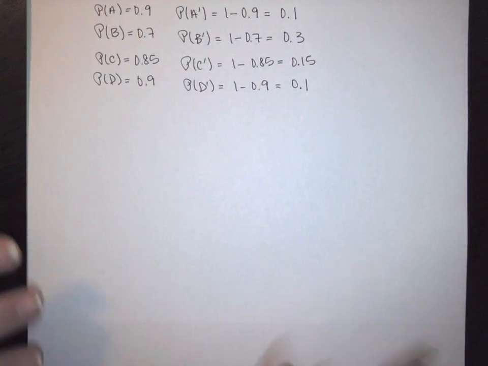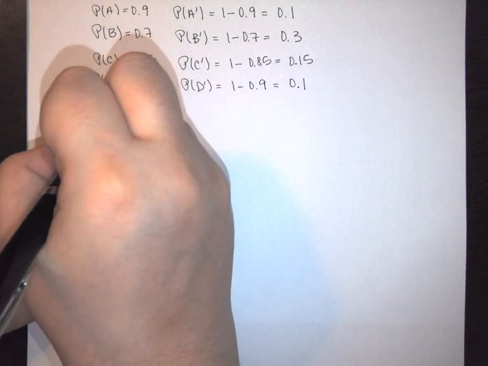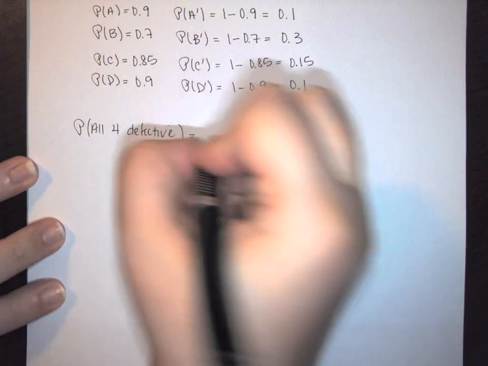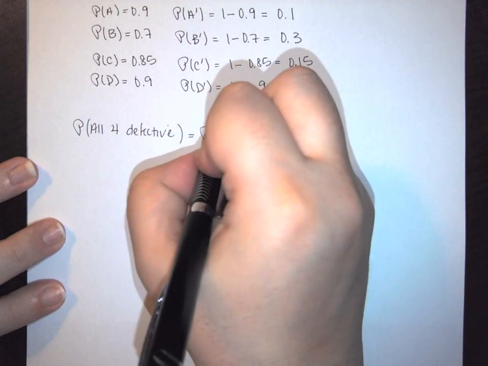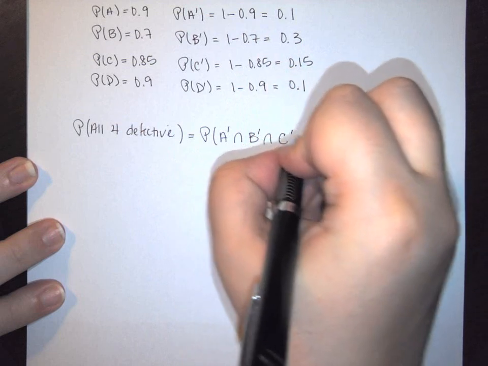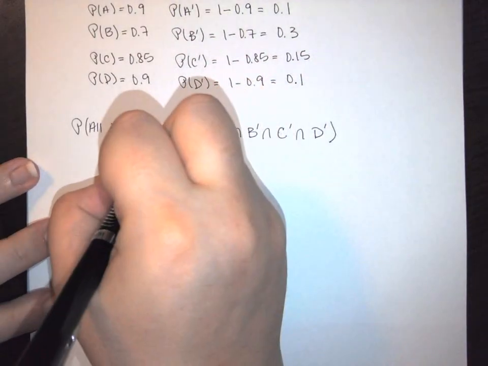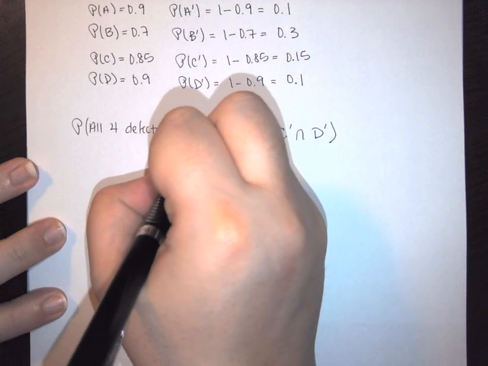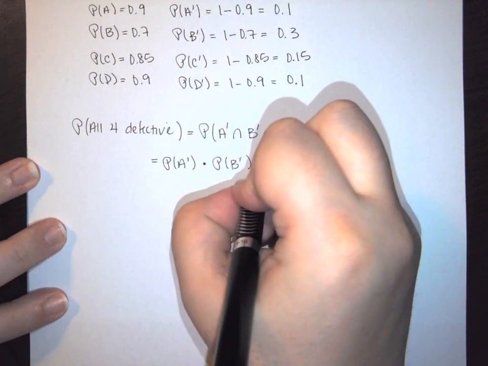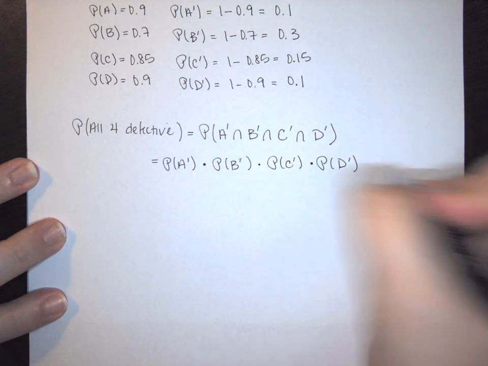So, in order to do that, the probability that all 4 are defective is going to be the probability that I have complement of A and complement of B, the complement of C, and the complement of D. This is the same as doing the probability of A complement times the probability of B complement times the probability of C complement times the probability of D complement.